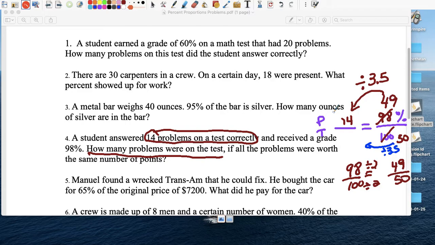14 divided by 3.5. Momentito, señores. Give me a second, please.